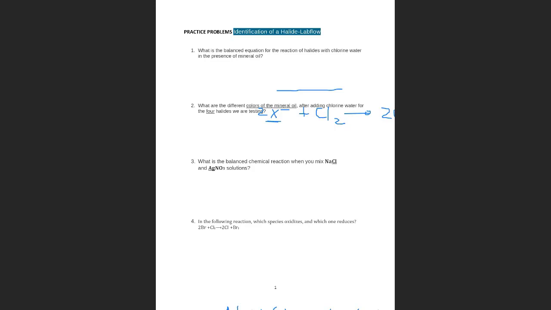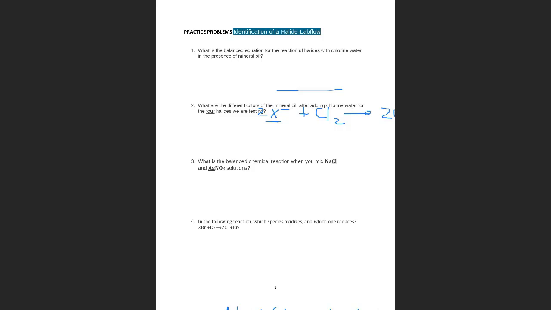Many salts of silver are not soluble, but silver nitrate is a soluble salt. So basically aqueous and aqueous. You have 2 liquids and you mix them. What do you get? You get a solid, silver chloride, plus sodium nitrate. Exactly. Thank you.